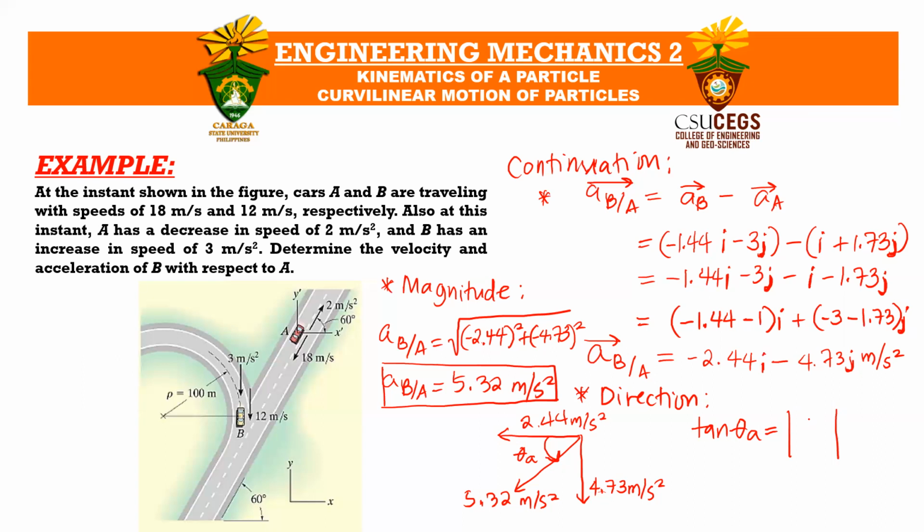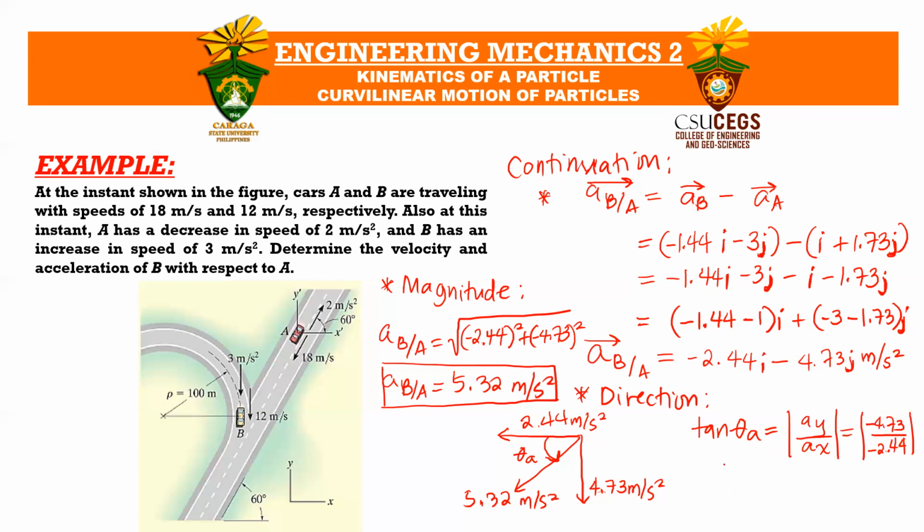The opposite is the y component, and the adjacent is the x component. The y component is negative 4.73 since it is acting downward, and the x component is negative 2.44 since it is acting to the left.